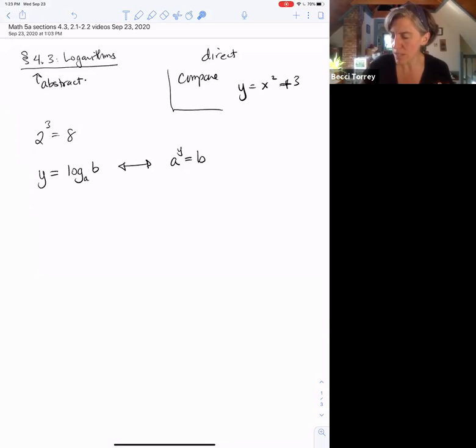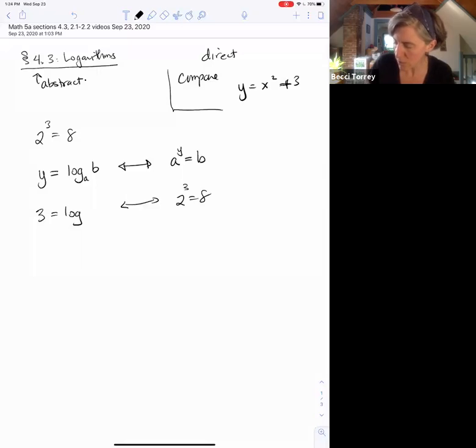So if we were going to take this same relationship, 2 cubed equals 8, and write it in the log version, we can convert it over to the log version. So let's say the y over here is the exponent. The log is the exponent. So 3 is equal to the log. The base of the exponent is also the base of the log.